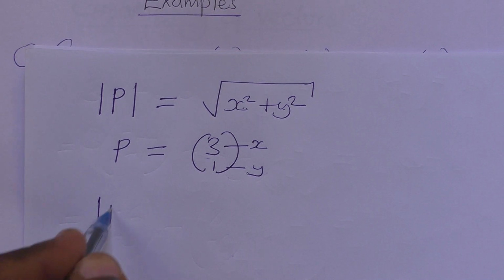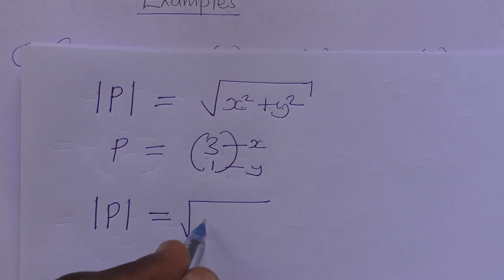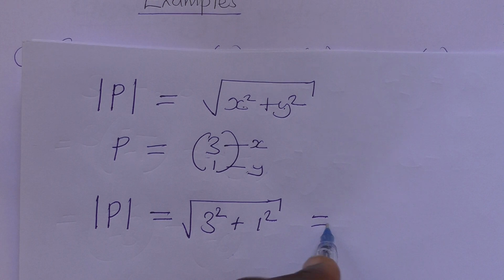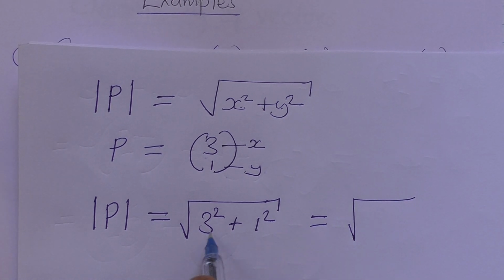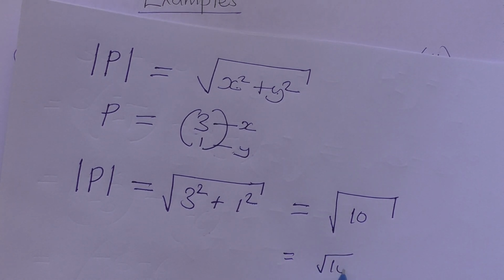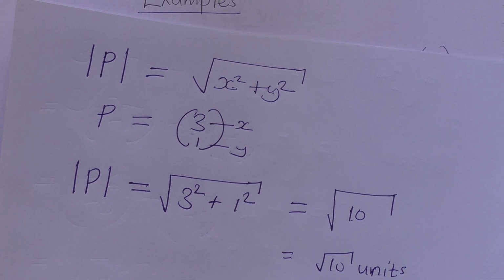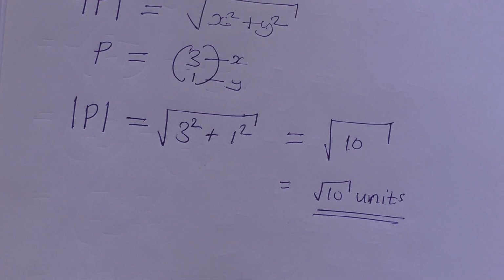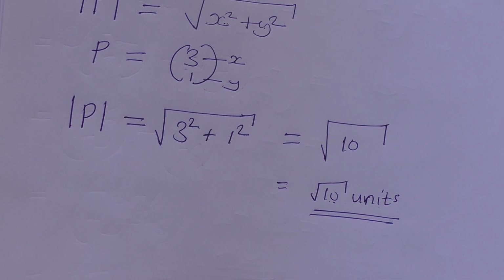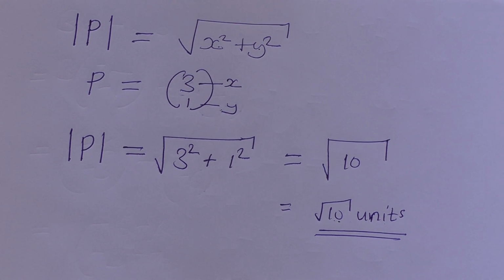So the magnitude of P is given by the square root of 3 squared plus 1 squared, which gives us the square root of 10. So that means root 10 units. You must always include that word units, meaning that you are moving through these units to reach where P is. So that is how we get the magnitude of P.